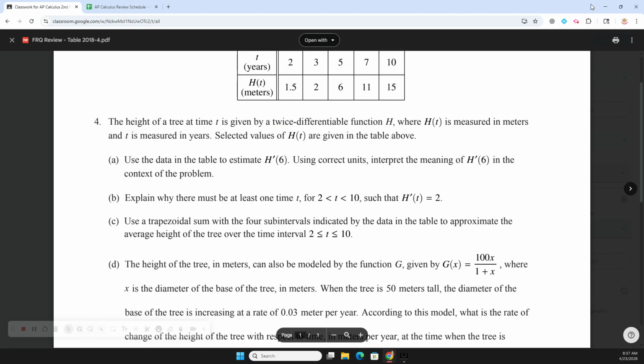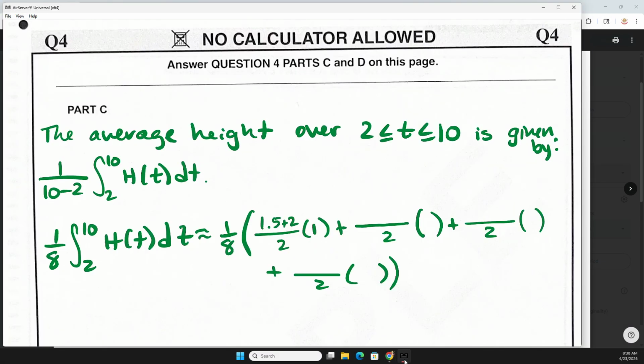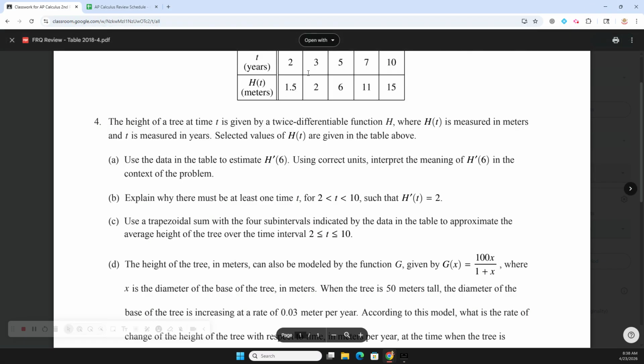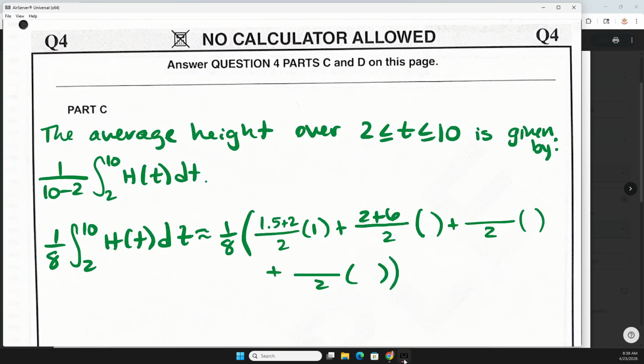All right, the next trapezoid, we're going to add 2 and 6. And then multiply by the distance between 3 and 5, which is 2. All right, and then the next one, we're going to add 6 and 11, and the distance between those is going to be 2, and then 11 and 15, and then that distance is 3.